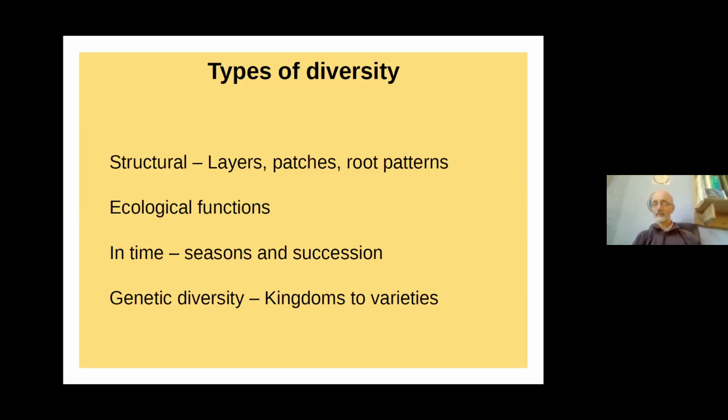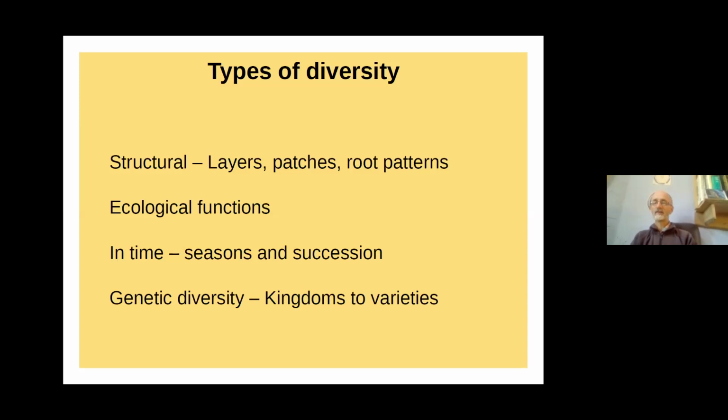Then we can also think about structural diversity in a horizontal way across different patches of a forest garden, which could equate to different microhabitats or different guilds, or possibly other functional spaces.